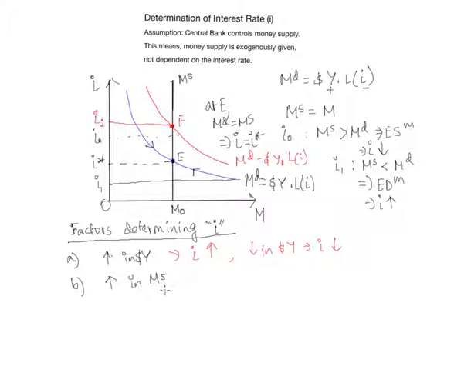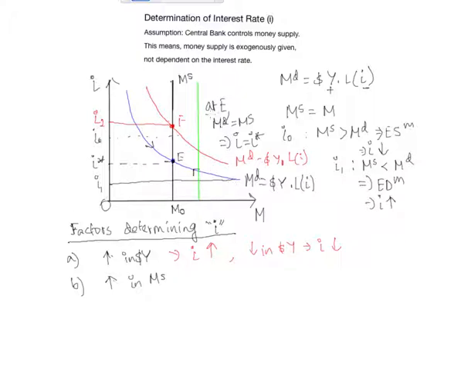Now let's look at what else can affect I. How about an increase in money supply? What happens if the money supply is increased? This money supply curve would shift to the right, so we have a new money supply. Note that our money demand curve is MD.